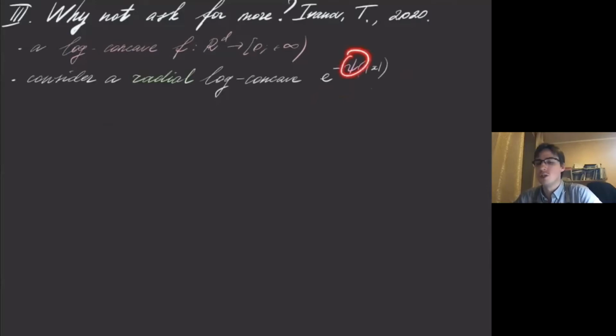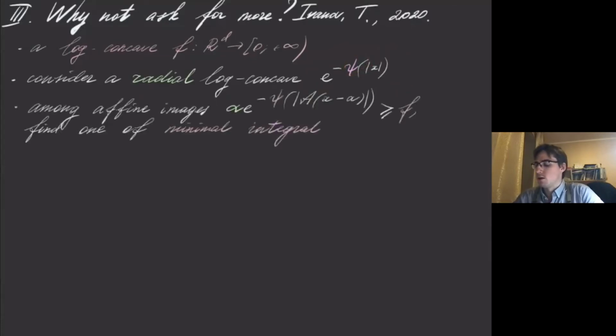Here psi is just an arbitrary convex function, and this is what should be a radial log-concave function. And among the affine positions of a radial log-concave function that are at most f pointwise, you look for the one of the minimal integral.